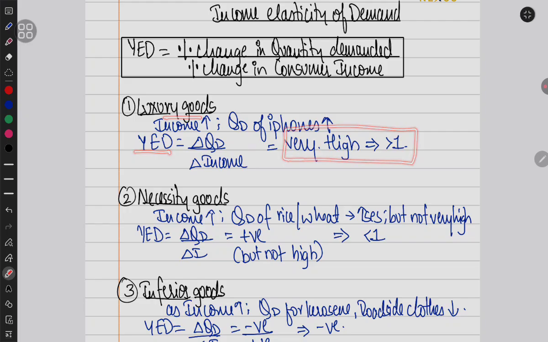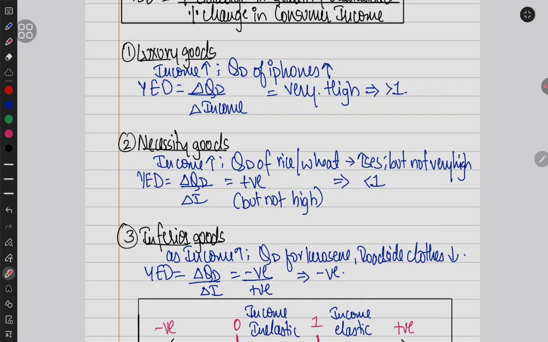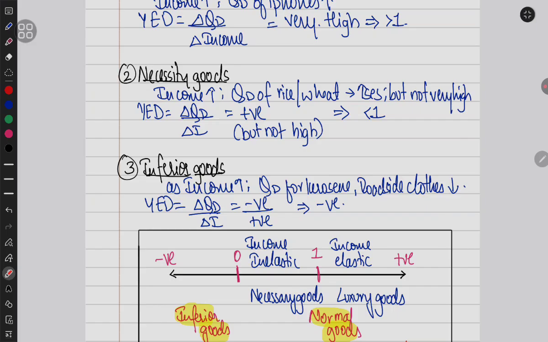Okay. Next come necessary goods. Suppose, for example, rice and wheat. Earlier you bought 10 kilos per month, now you have a lot of money, still you will buy maximum 15 to 20 kgs. It's not that you have more money so you will start consuming 1000 kilos of rice, right? So when there is an increase in income, of course there is an increase in demand but not very high, therefore it is less than 1. And then there are inferior goods.